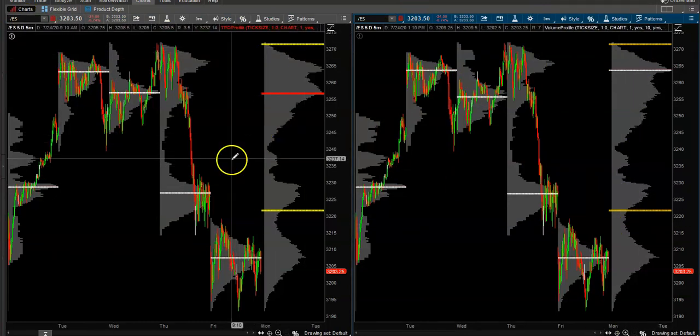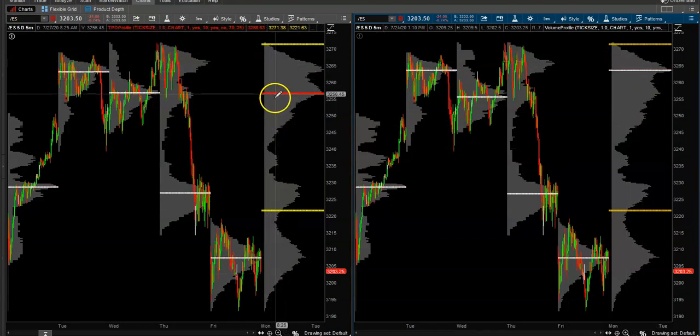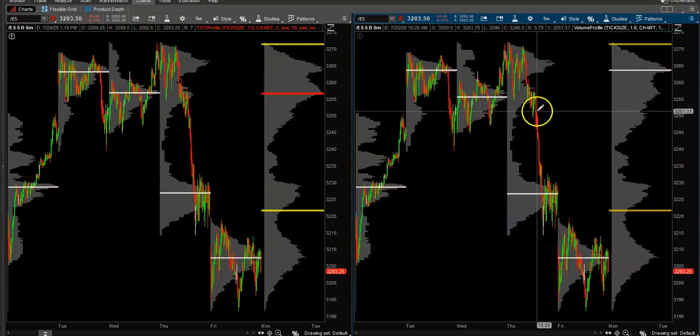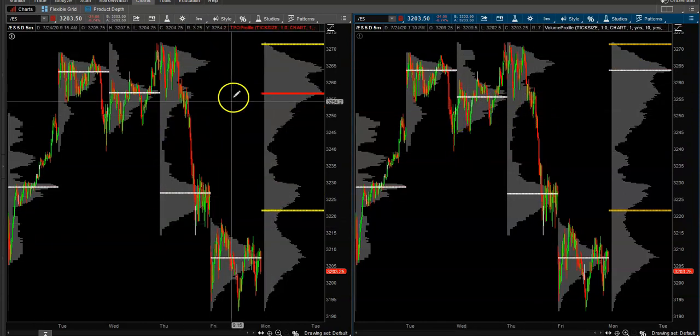You have your value area here with your point of control. Value areas here, point of control. This one's red, that one's white. But what other things are there that are a little different, okay?